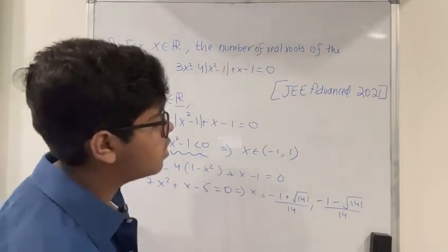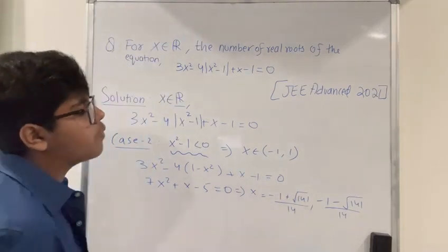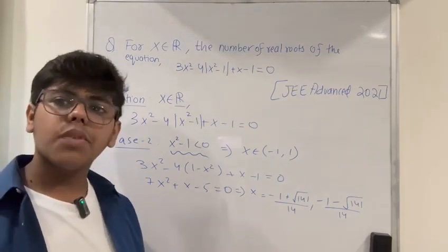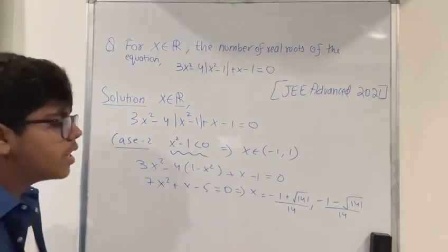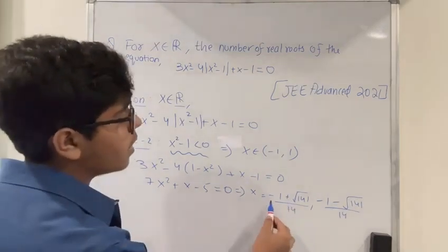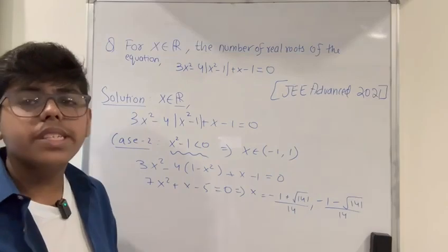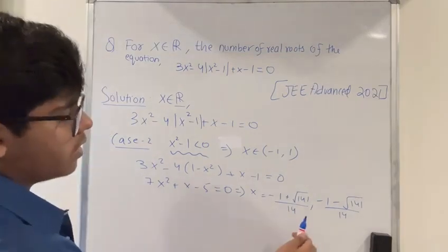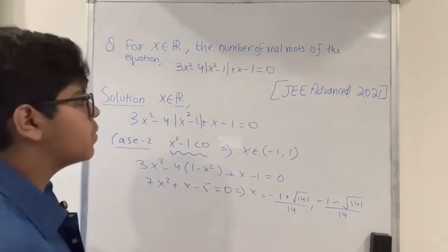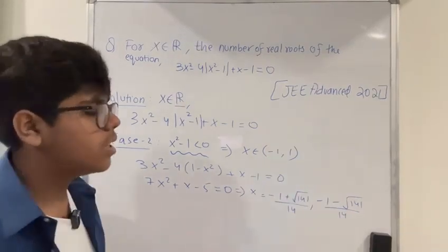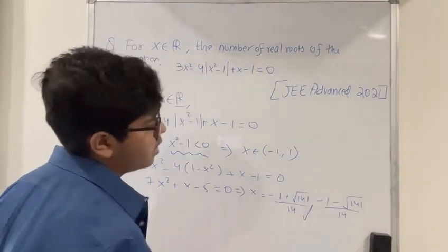So if you look at the first solution, we have under root 141 here. As you know, under root 141 lies somewhere between 11 and 12, right? And when you subtract 1 from a quantity that lies between 11 and 12, you get something between 10 and 11. Divide that by 14, you get something between 0 and 1. So that obviously lies in this range, so this is completely fine.